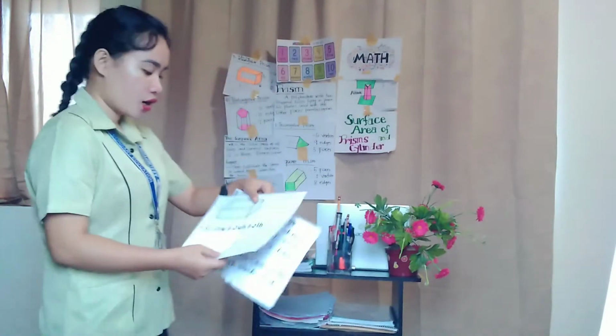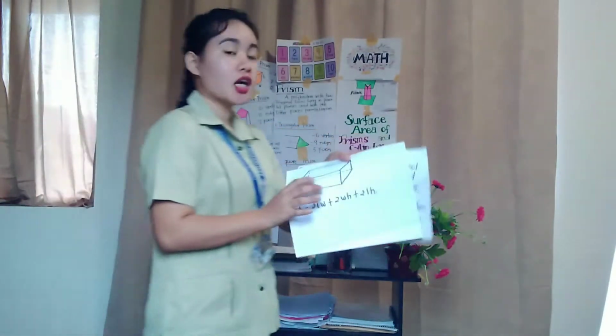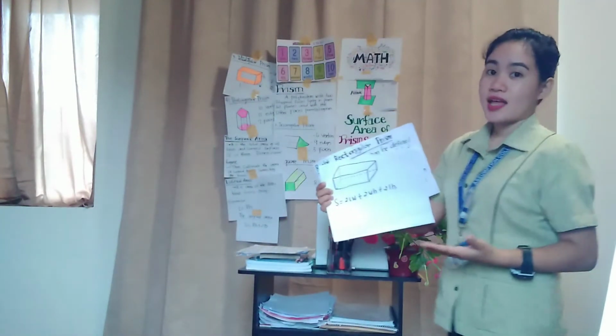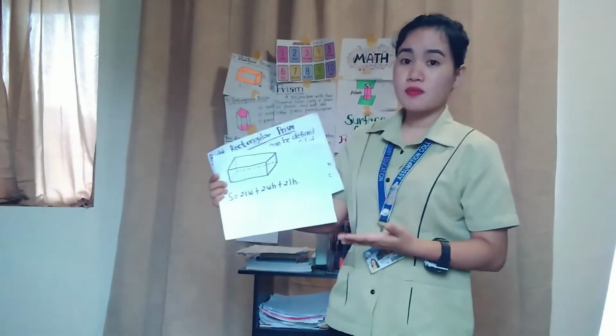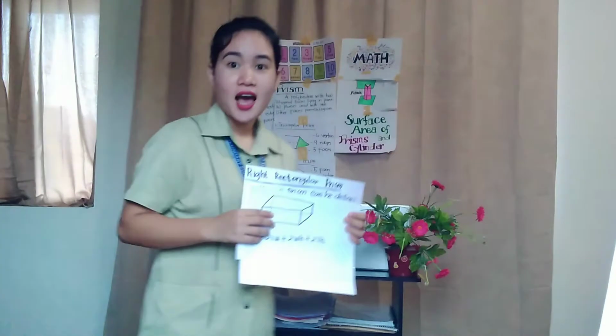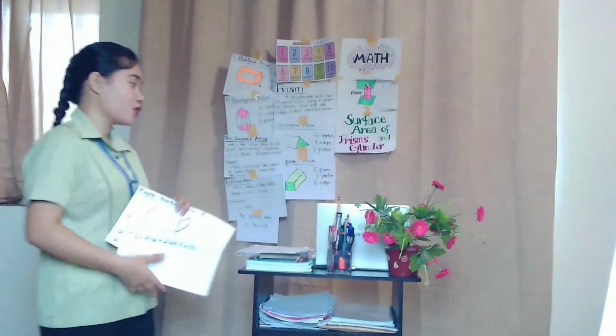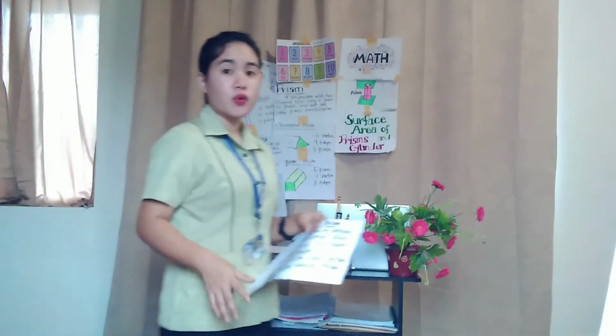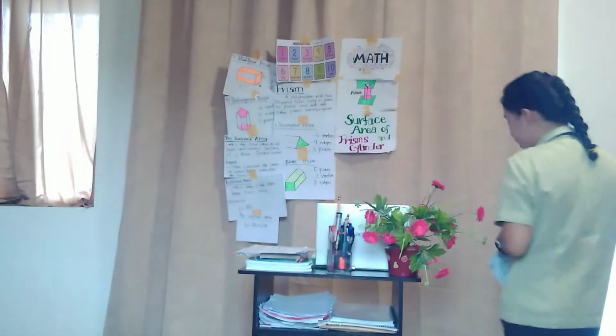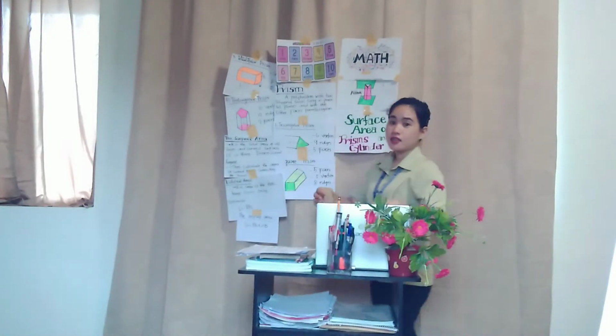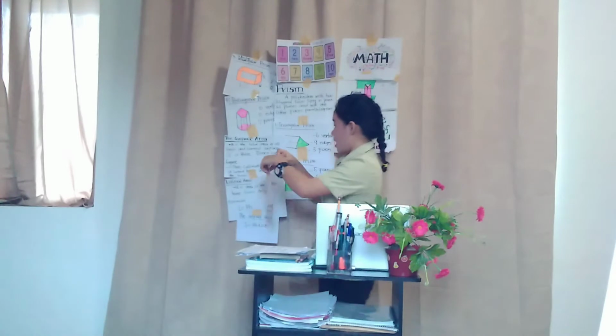The formula of a right rectangular prism is S equals 2 times length times width plus 2 times width times height plus 2 times length times height. To find it, we need the length, the width, and the height.